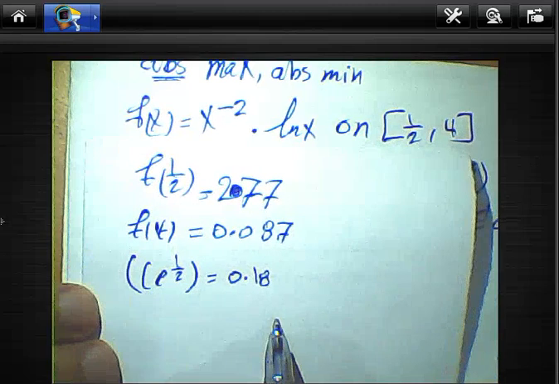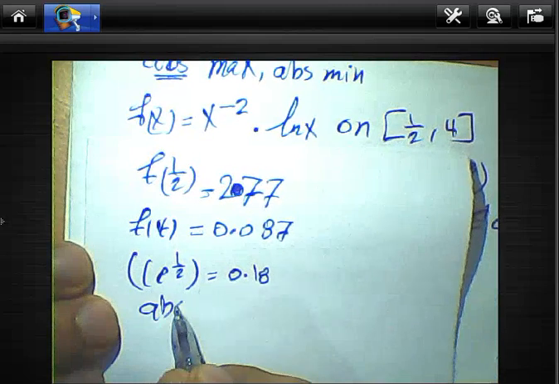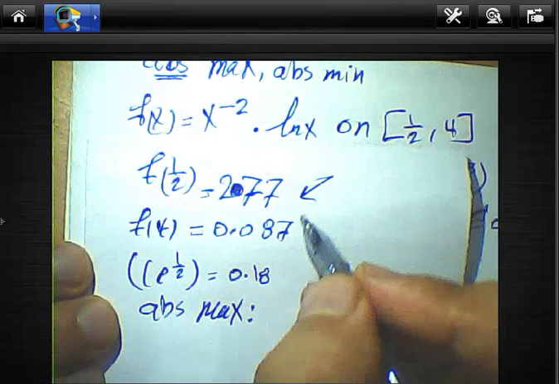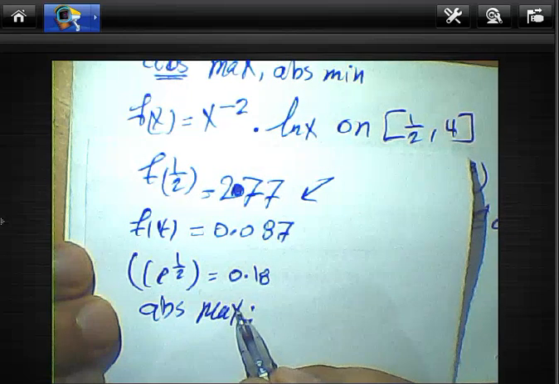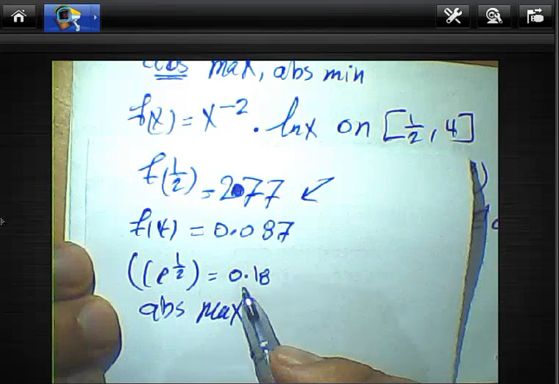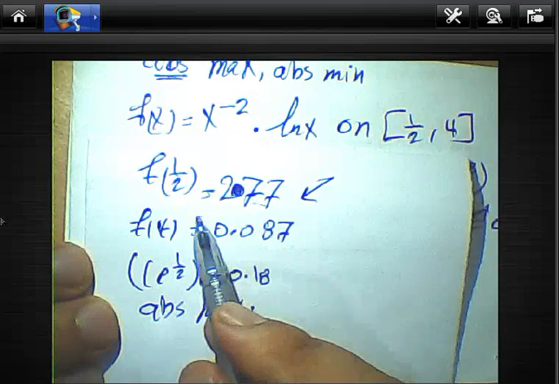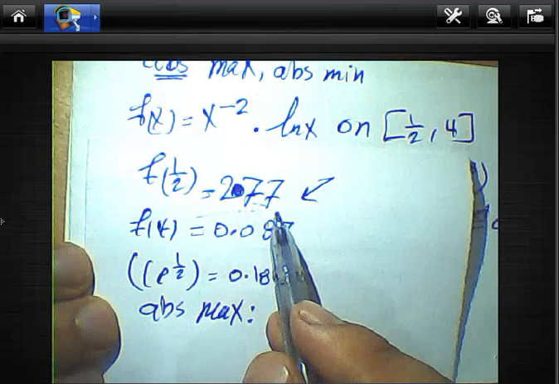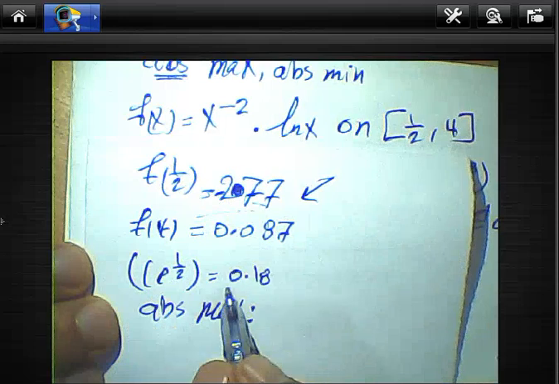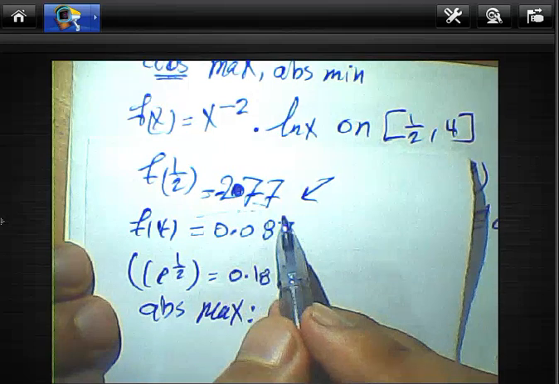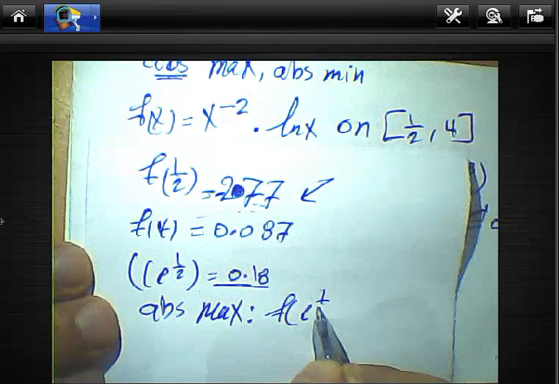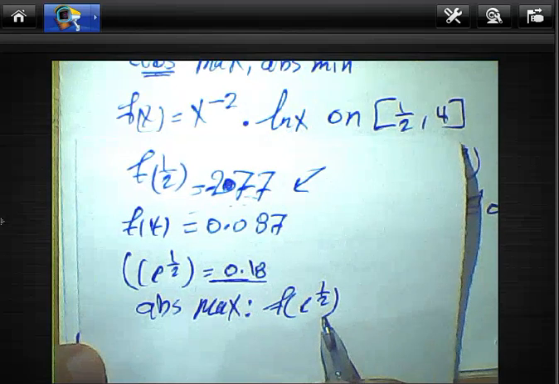So for the absolute max, it is f of e to the power half.